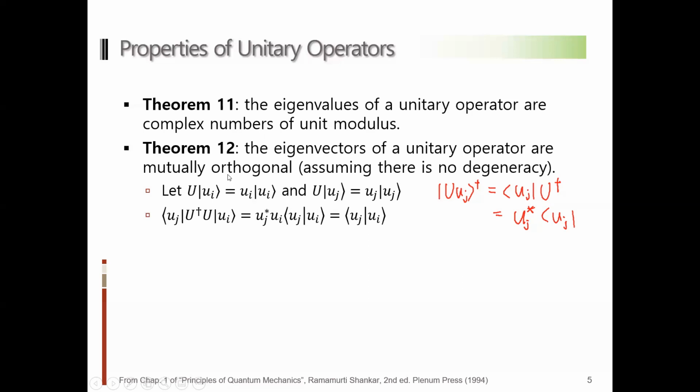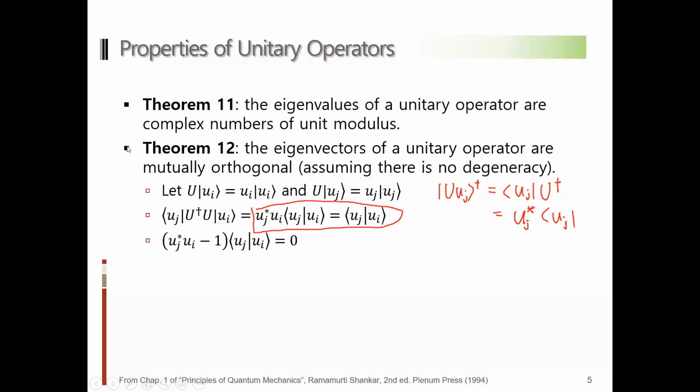Now, up to this moment, I didn't use the property of the unitarity of the given operator U, but the definition of the unitary operator says that this product should become identity. So that means that we can ignore this part. The inner product of u sub j and u sub i is here. So from that simple relation, we obtain this relation. Then by moving this part to the left-hand side, we can have this relation.